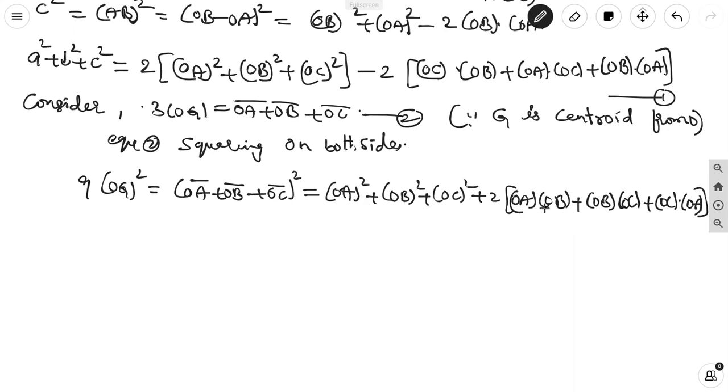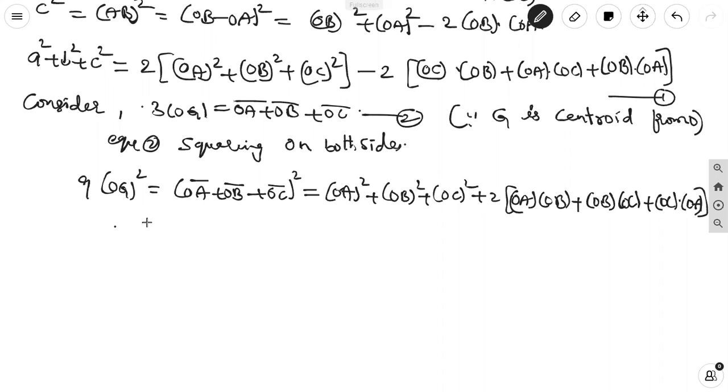It is the formula. Here, this is replacing this one. Equation 3 can be substituted in equation 2.